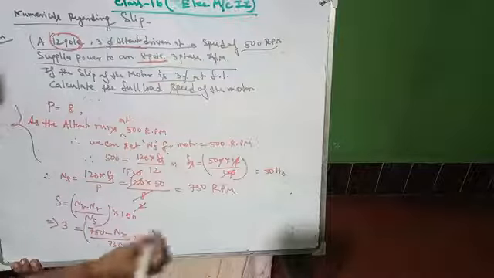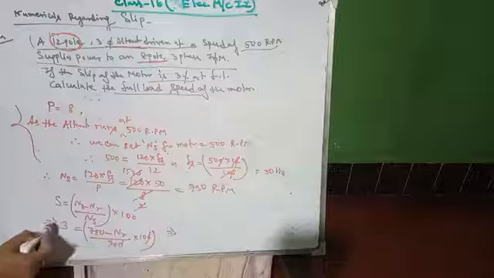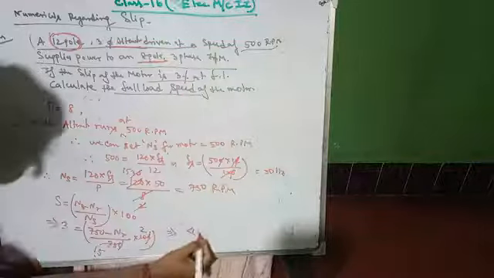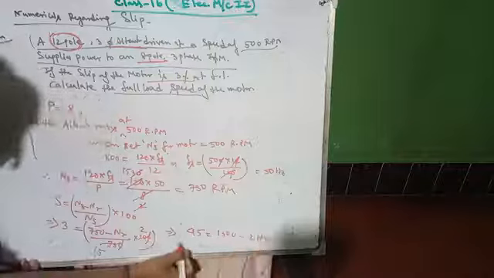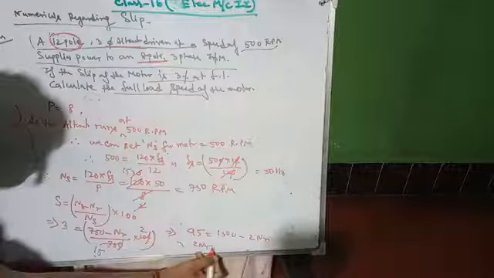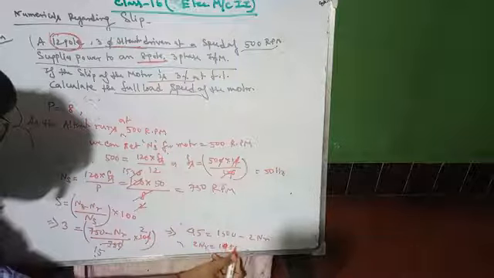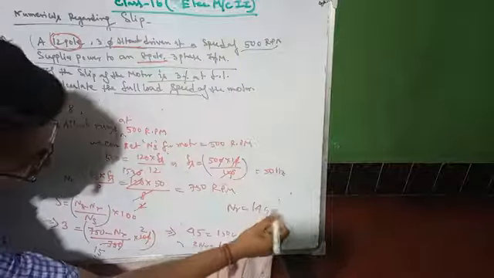Just calculate it. 0 0 will be cancelled out, 50 into 3, or first cancel out by 5, that will be 15, that will be 2, 45. So 45 equals 1500 minus 2 Nr, right? So 2 Nr equals 1455. So Nr equals 1455 by 2.